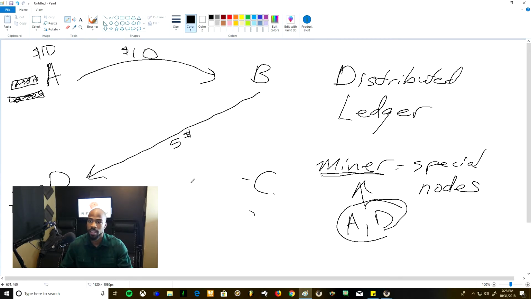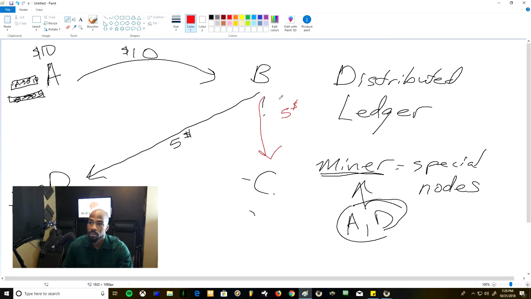So let's say that, let's imagine if B also, I'm going to do this with a different color. Let's imagine if B wants to send $5 to C. But we just saw that A sent B $10 and B sent D $5, so that's published on the ledger.